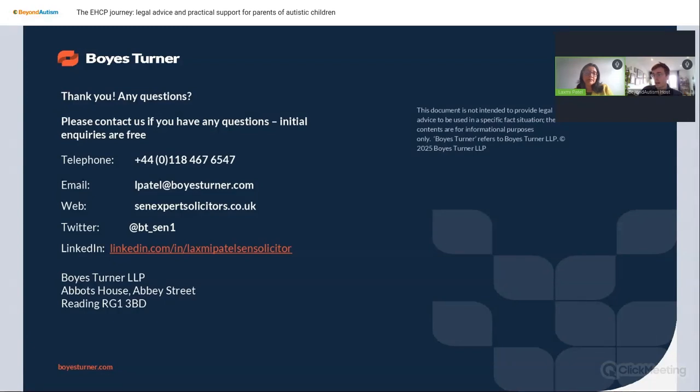Brilliant. And another one we've had through, can you have medical reports from private practitioners other than CAMHS? Yes, I would say yes. You can have any reports, private practitioners included. The thing is, though, that you share your information with the local authority and with the school, but it's ultimately the local authority that makes the decisions.